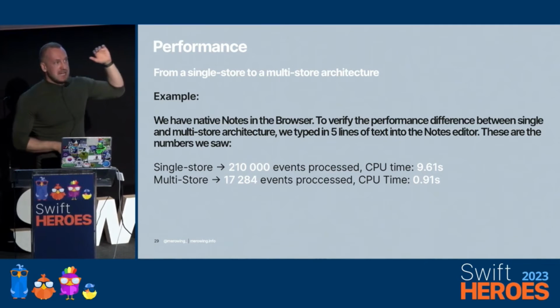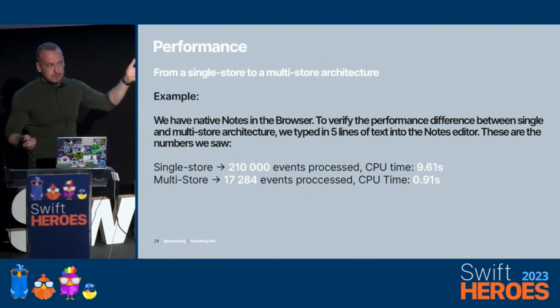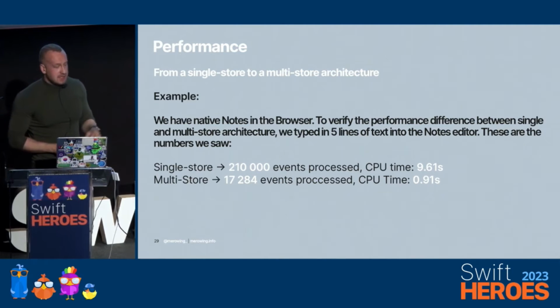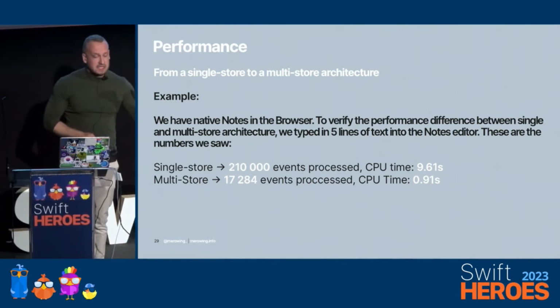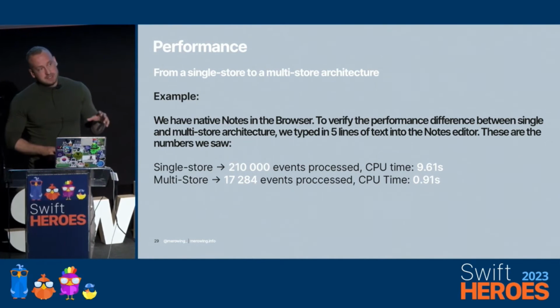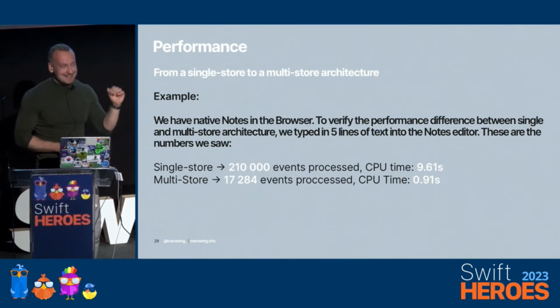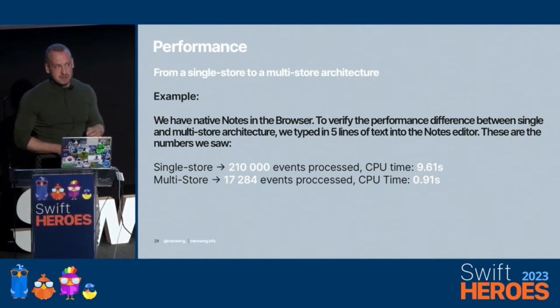The test was simply typing 5 lines of text into a text view. Very simple code. That was before the optimizations I did, but the time it took to process those 5 lines of text in TCA was 9 seconds of CPU time. With the multi-store solution, it was 0.9 seconds.